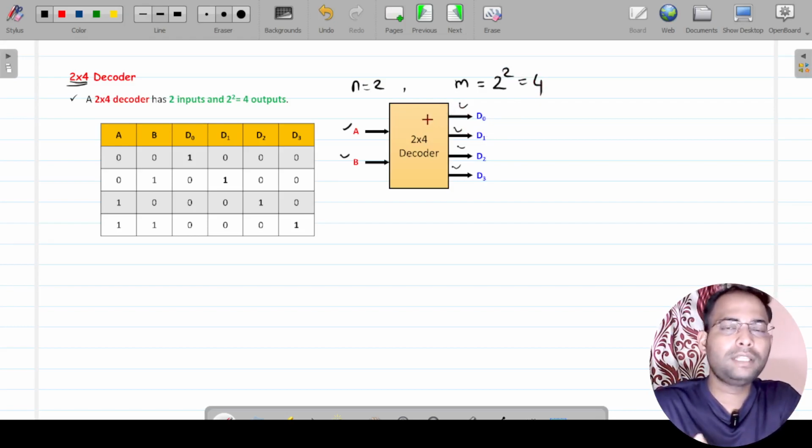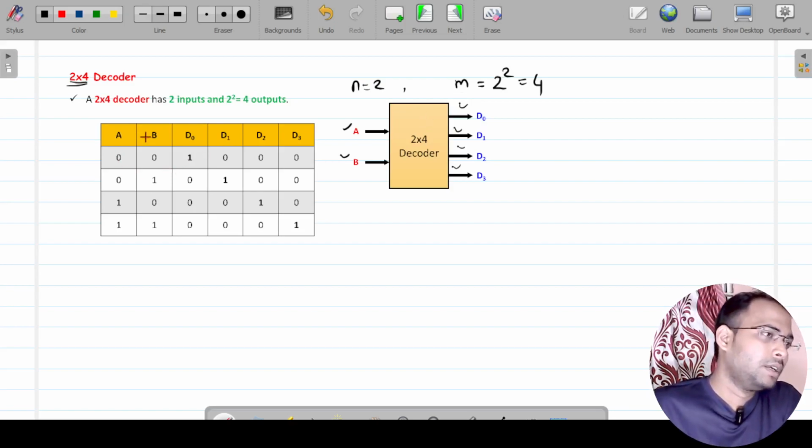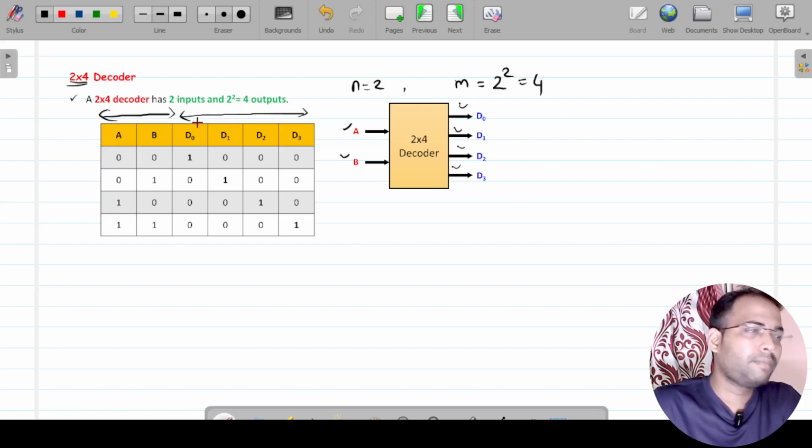Next part is how it is designed and how it works. Here you can see this part is the input A and B, and D0 to D3 are my outputs. How does it work? If the input is 0 0, with two variables obviously I can have only 4 variations.